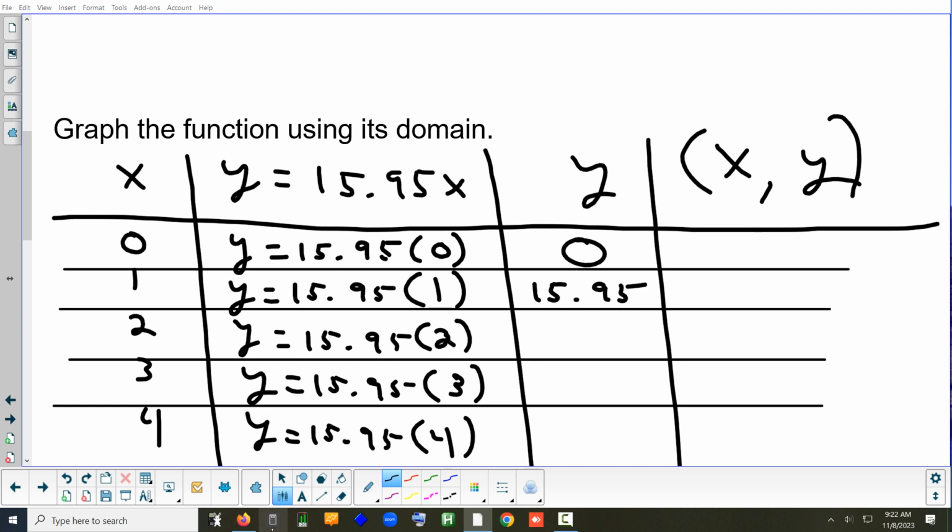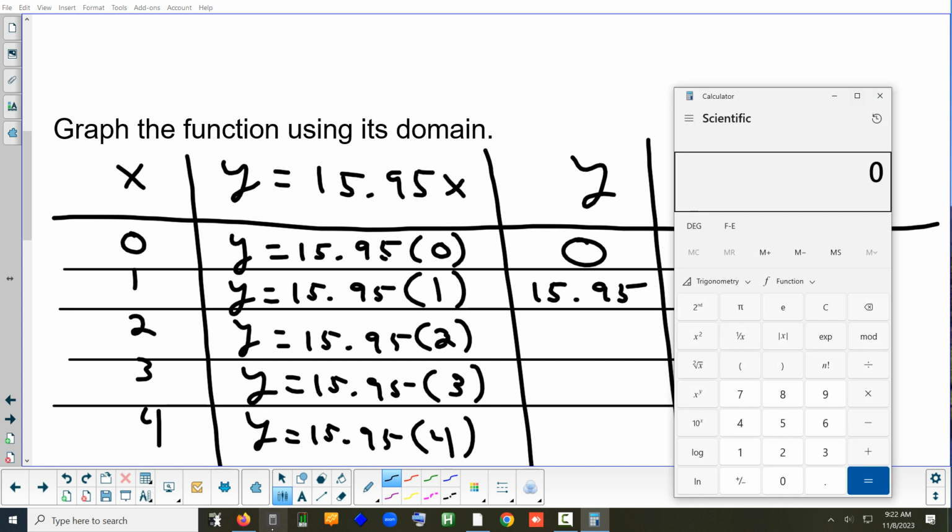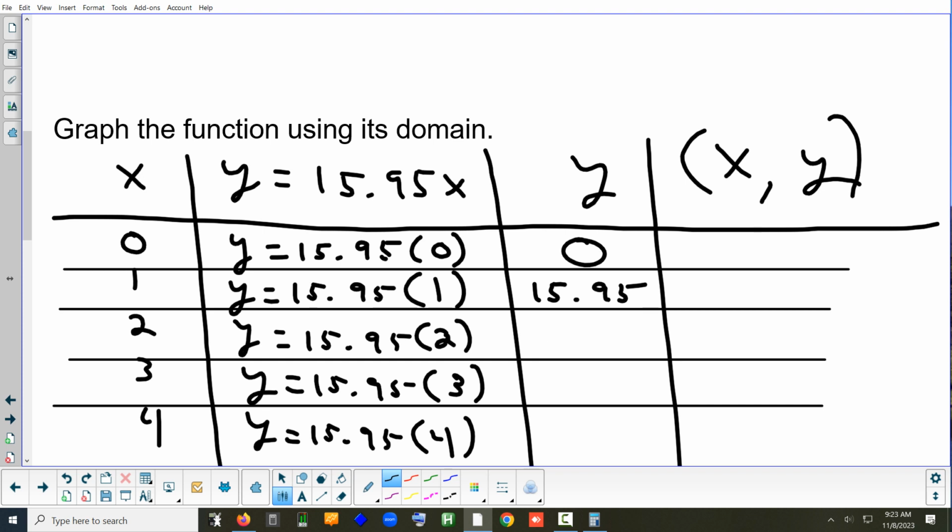How do I use my calculator to get the cost for 2 tickets? What would I type in? Yeah? 15.95 times 2. Yeah, 1595 times 2. So how would I write that as a price? $31.90. That's $31.90. Yep.